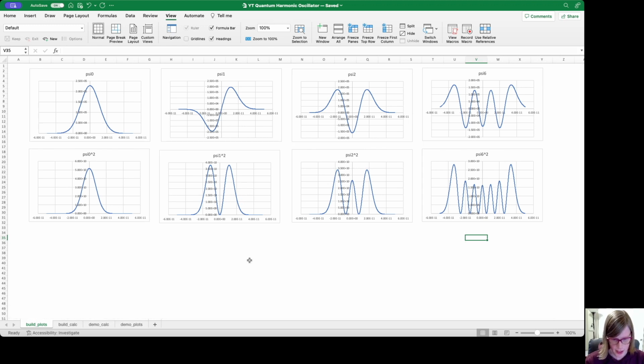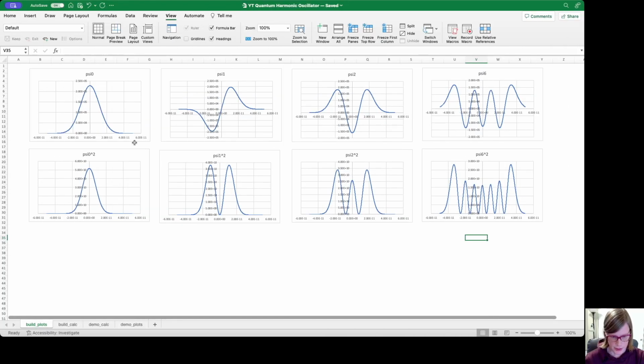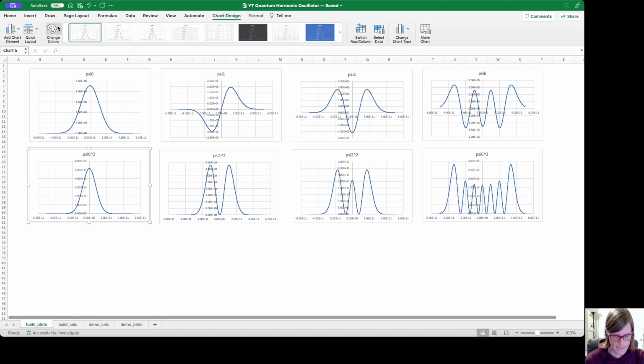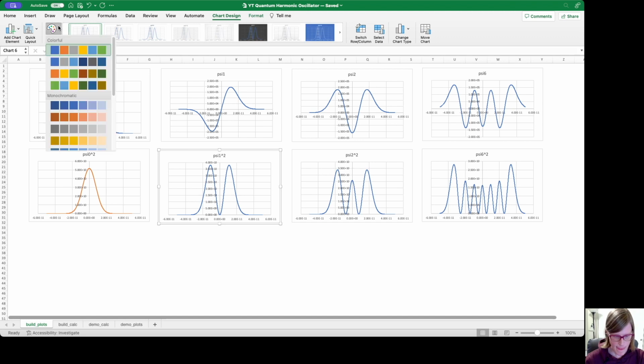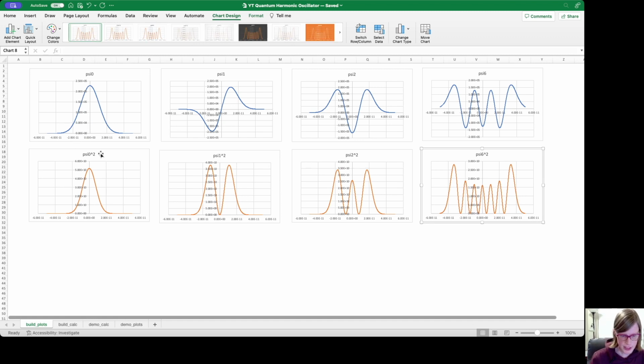And there are our plots. Let me change the colors on these plots to make it a bit easier to discuss them. Okay, so there we go.